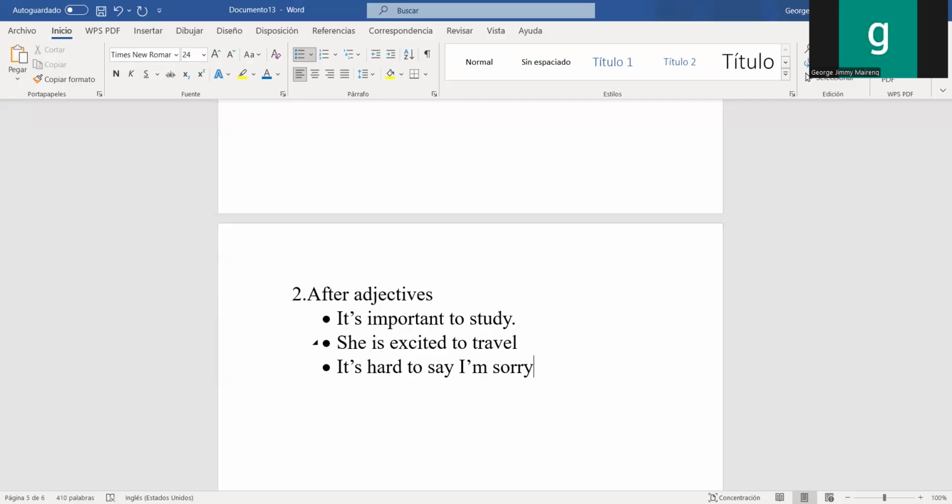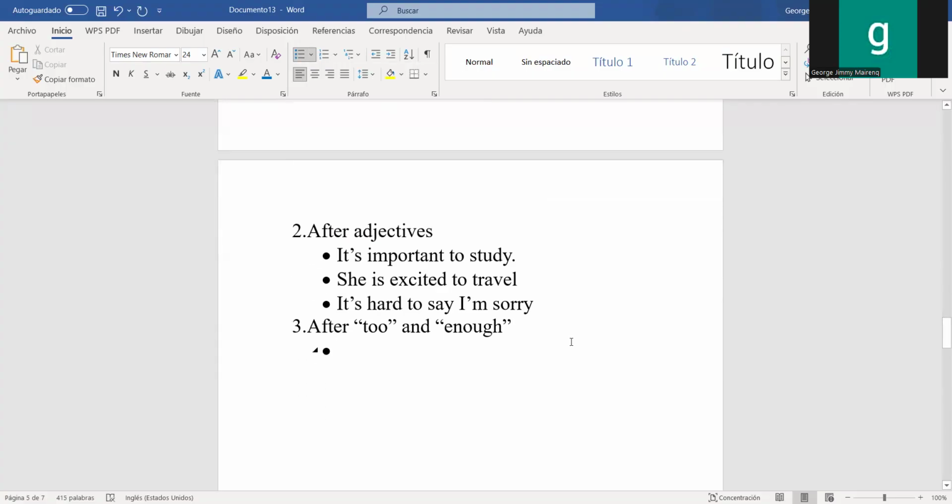So let's move on to the third rule, that we can use an infinitive after to, and enough. Okay. Let's see some examples here.